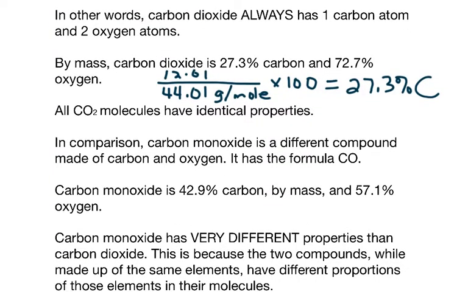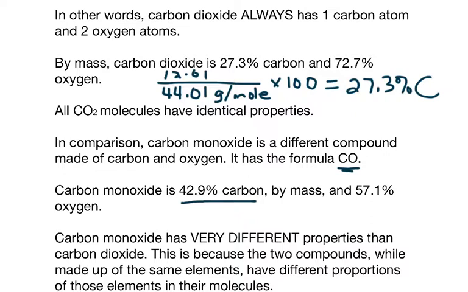It's a 1-to-1 ratio because the formula is only CO. So if you were to analyze the percent composition of carbon monoxide by mass, you'd find out that that compound is 42.9% carbon, compared to the 27.3% in CO2, and 57.1% oxygen.